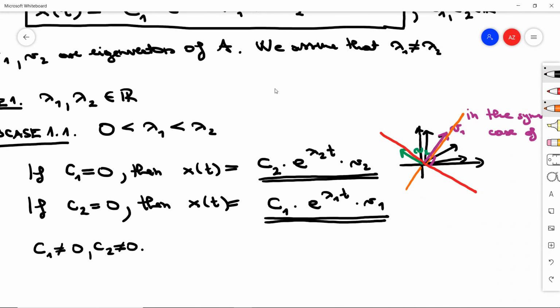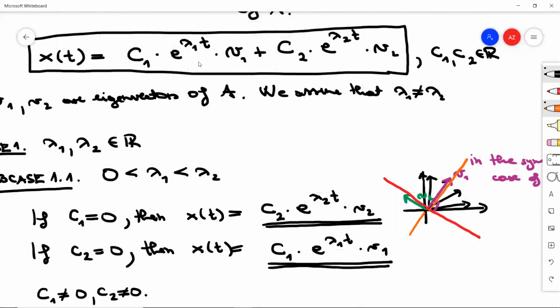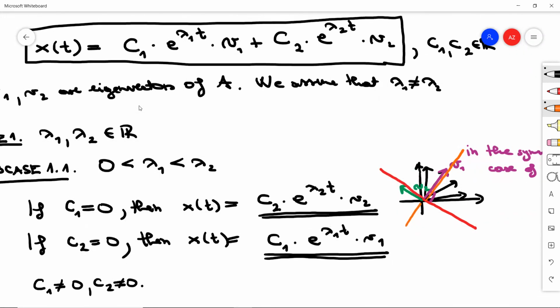Of course we cannot know what happens for specific t, but we can at least look at what happens in the limit when t goes to minus infinity, when t goes to zero, and when t goes to plus infinity. So let's see what happens when t goes to infinity at first.